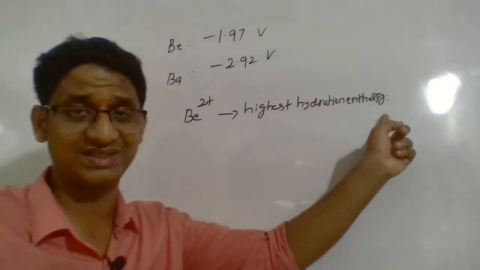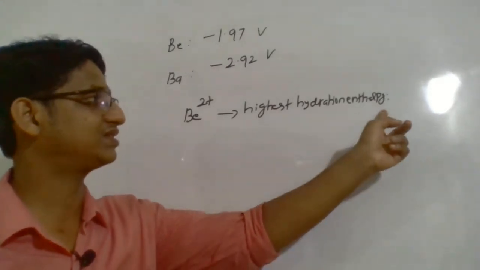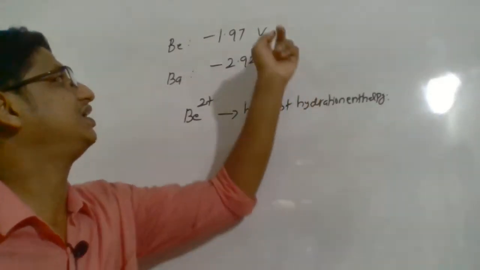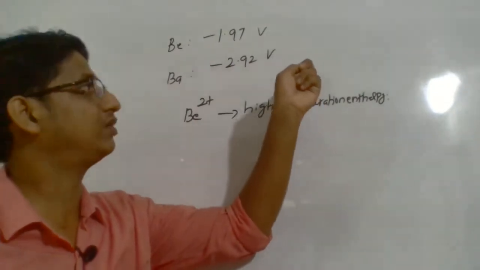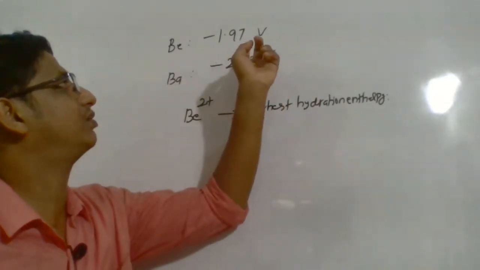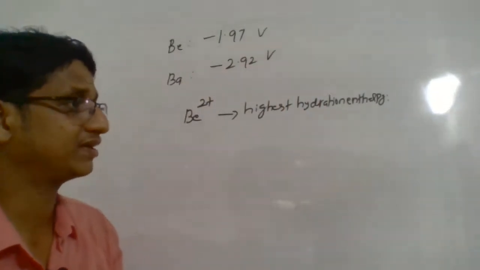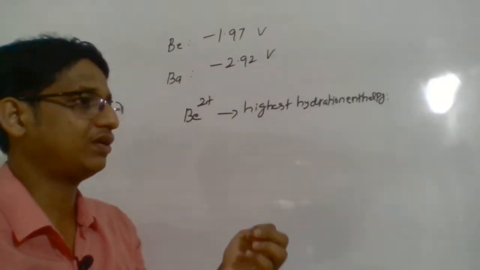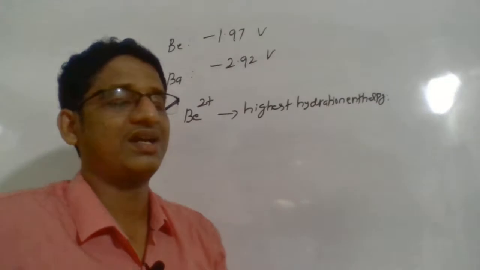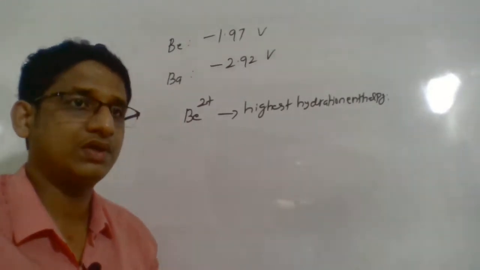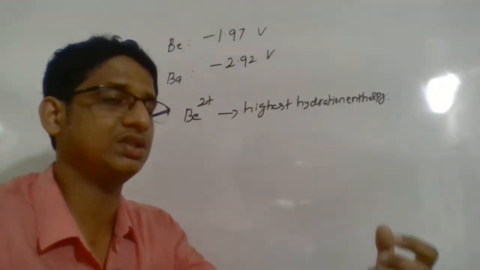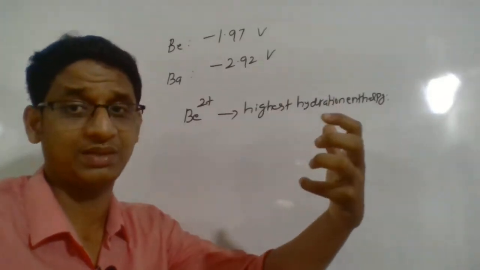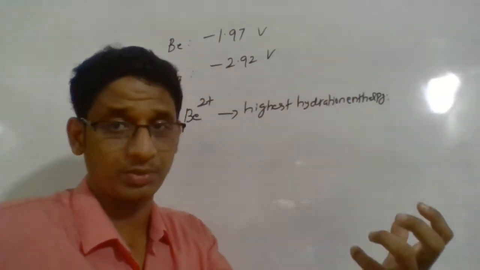Despite having the highest hydration enthalpy, beryllium still does not have a large negative value. Lithium has the large negative reduction potential value, but beryllium has a higher standard reduction potential value. Why? Because ionization enthalpy and enthalpy of atomization are contributing factors.